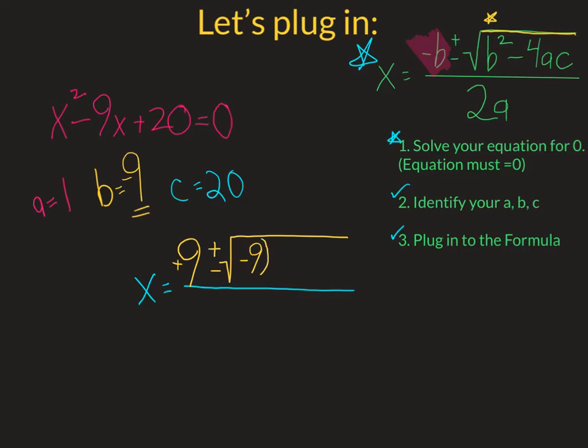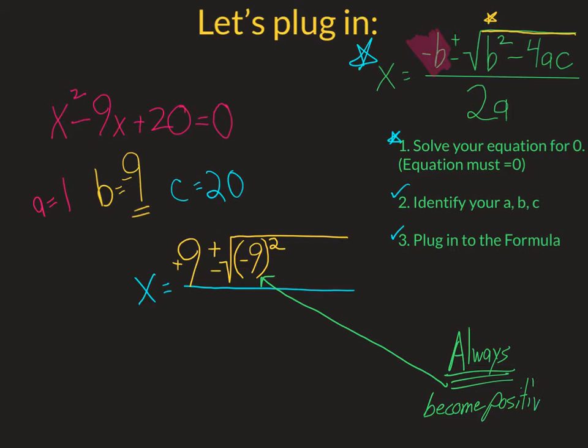And notice this as well. If that b you're plugging in is negative, it goes in parentheses when you square it. So when I square that negative 9, this is a really good side note for all of you: that will always become positive. If the b starts out as a positive number, when you square it, of course, it'll stay positive.